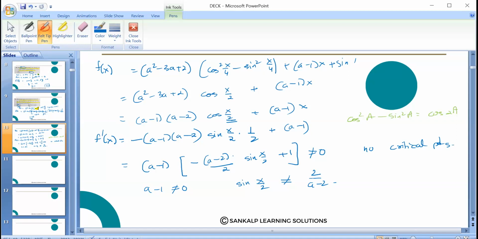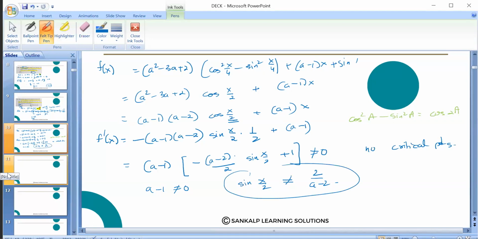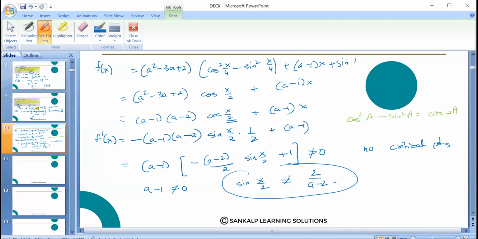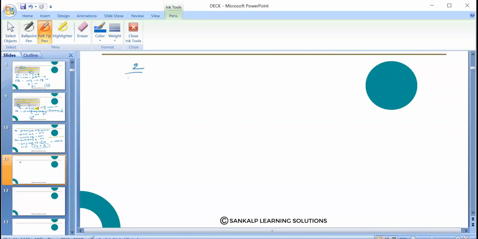How to solve this? If sin x by 2 should not be equal, it means 2 by a minus 2 has to be greater than 1 because sin cannot be greater than 1.